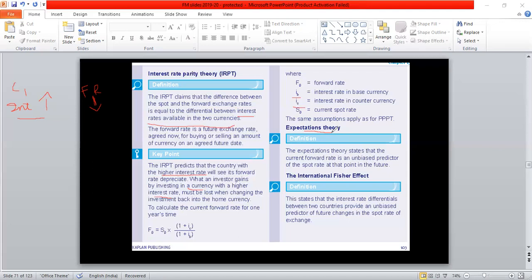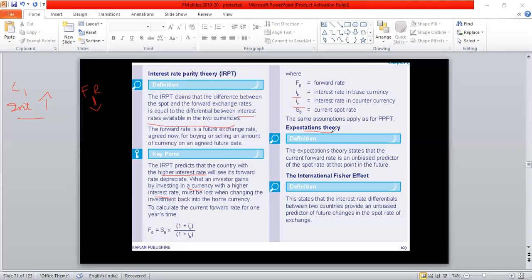There is no bias in that. You're purely basing it on some understanding about what would be the rate. When you estimate the forward rate, it states that the current forward rate is an unbiased predictor. So when they are predicting the future, when they are expecting the future, that's called expectation theory.